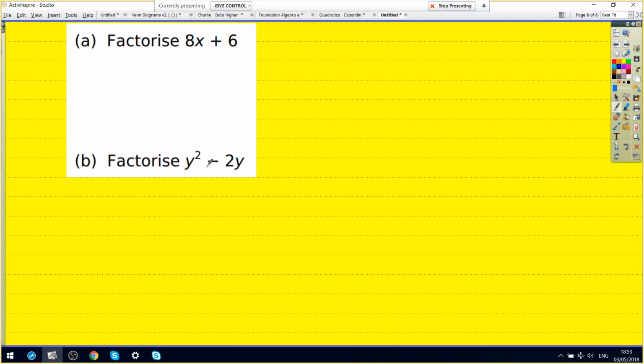They both have 2 in common, so would it be a 2? Yeah, that'll work, a 2, okay. Because it's a plus, it wouldn't be 16x, would it? So you're working in reverse, and so you're dividing both of them by 2. You're unmultiplying.